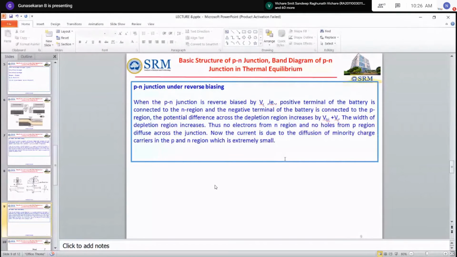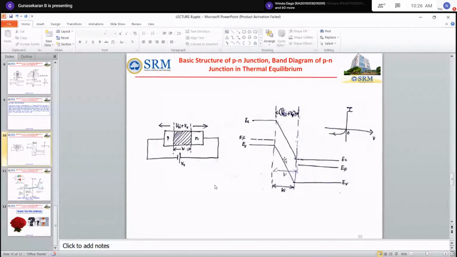You see the diagram here. Do you understand? Yes, sir. This time the region goes on increasing. What does increasing mean? P is connected to negative, so it holds negative, and unlike charges attract. Similarly, the N side electrons connected to positive attract. So both are attracting and the region goes on increasing.